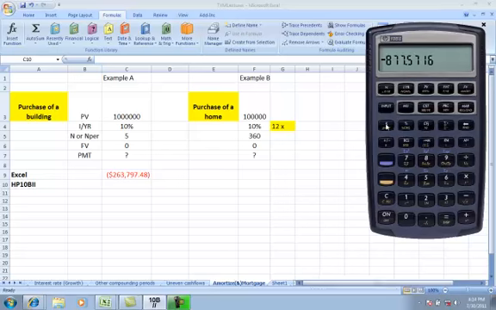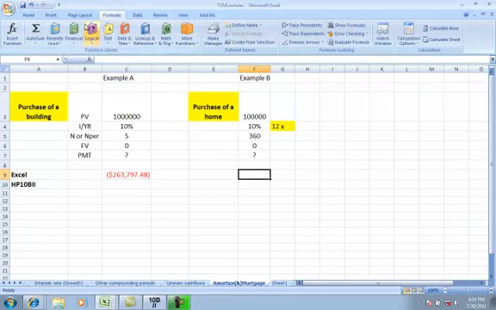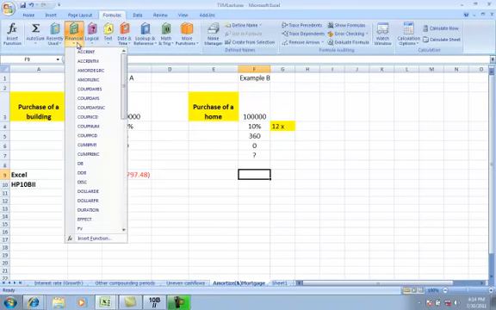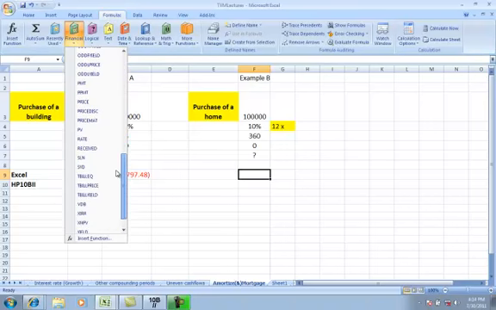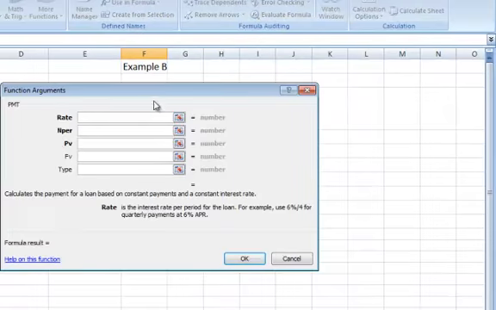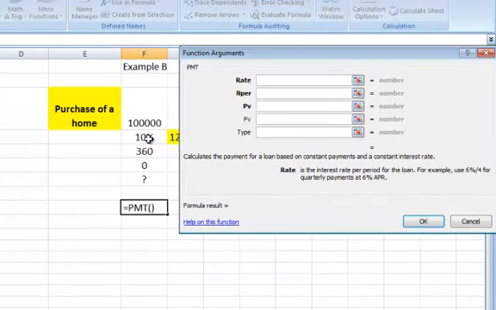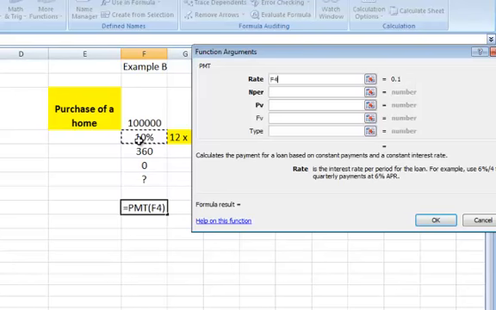I'm going to leave this in the calculator for a moment, and I'm going to go ahead and calculate it once again, this time using Excel. Go to Formulas, Finance, and Payment. Pull this over here, and I'm going to put the rate as this, but I'm going to divide by 12.